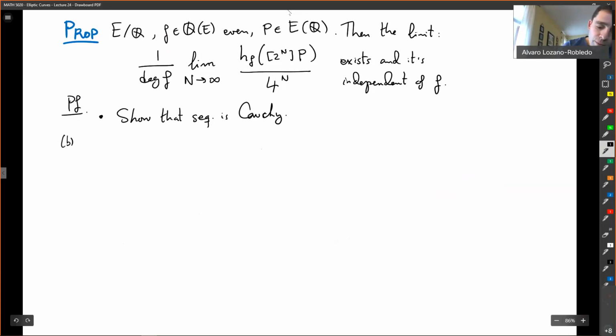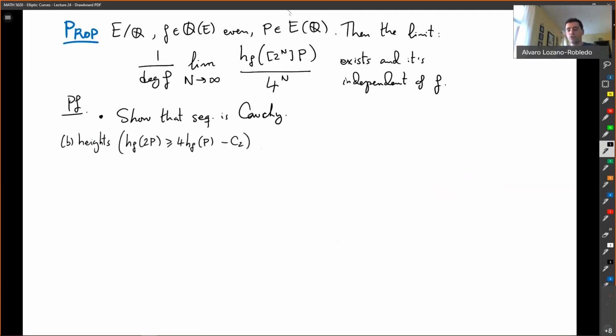For the property B of heights, which said, remember, that h_f of 2P is bigger or equal to 4 h_f of P minus C2. So it's the property B of heights for m equals 2.